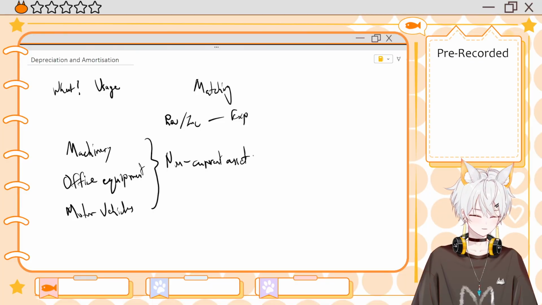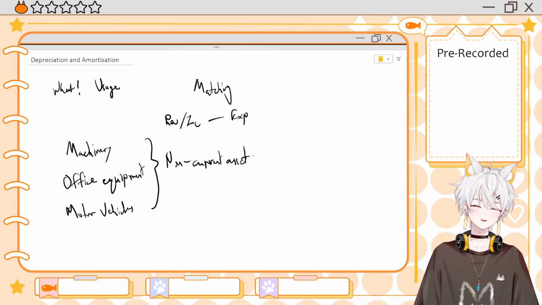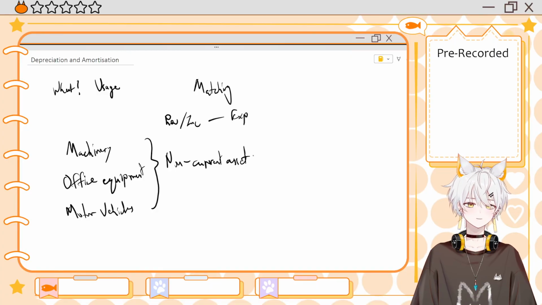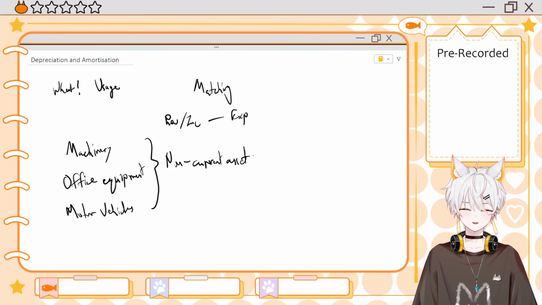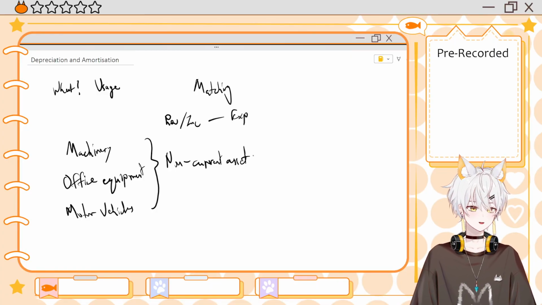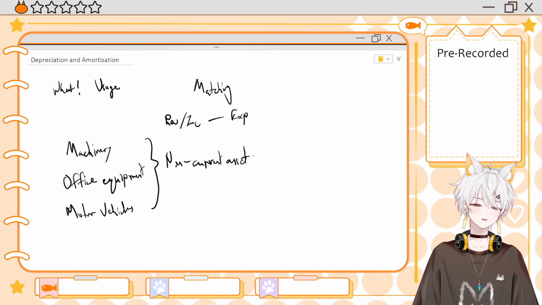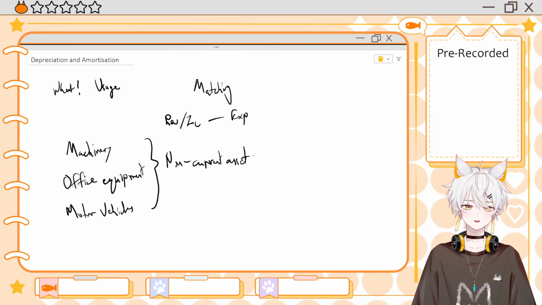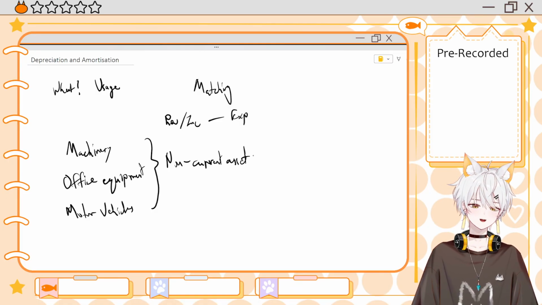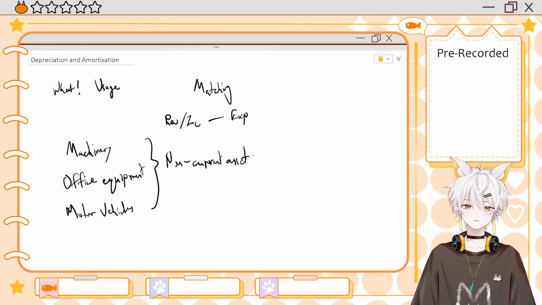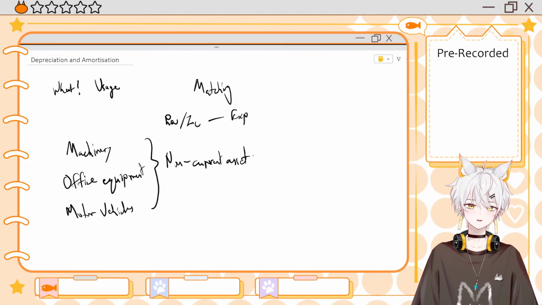Why is that? Because usually for non-current assets, you would want to use them for, honestly, as long as possible. But in the real world, it's actually not feasible. So this is why we come up with depreciation, in order to estimate how much we're using every year.